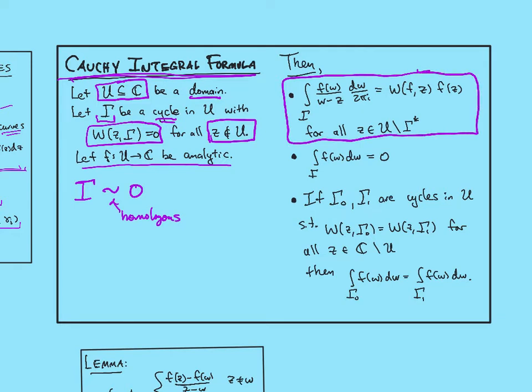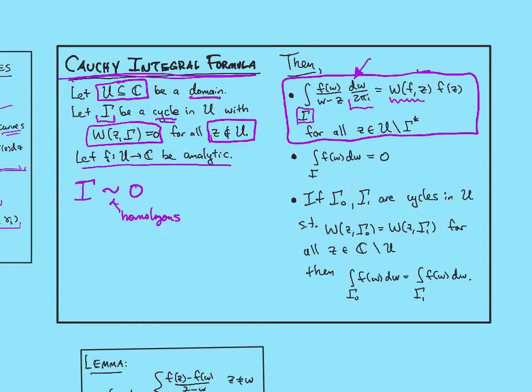So this integral looks very similar to what we've been calling the Cauchy integral formula over this cycle. So f of w over w minus z, dw over 2 pi i, will be equal to how many times the cycle, let's see, I wrote this all wrong.